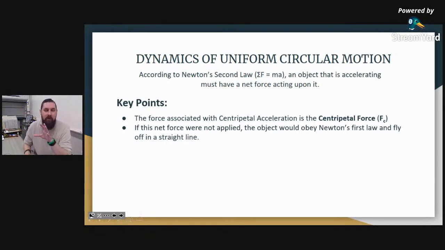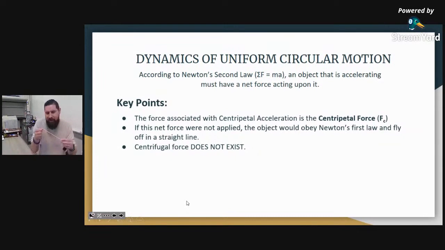Now, I want to talk to you very quickly about a huge misconception in physics, and that is this idea of centrifugal force. Centrifugal force does not exist. And I know some of you will go, wait, I've taken something on the end of a string and I've twirled it around and I've felt this outwards force.